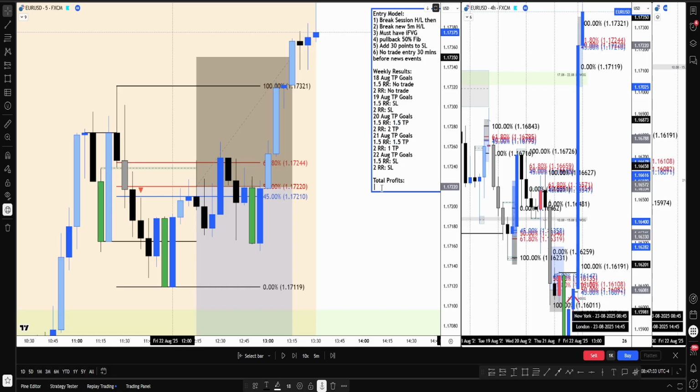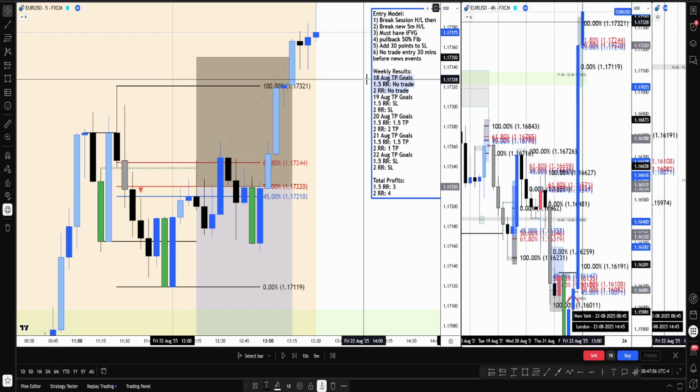So if we take a look at the wins for only the 1.5 risk to reward trades, it would have been 3%, right?